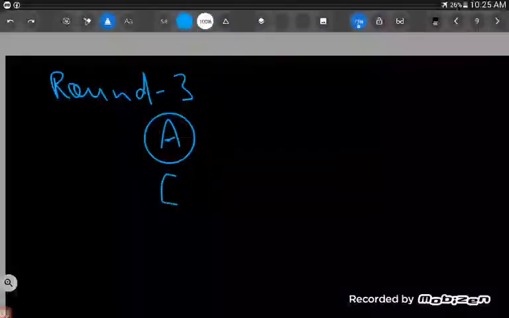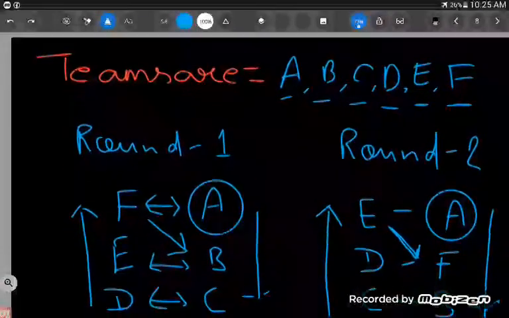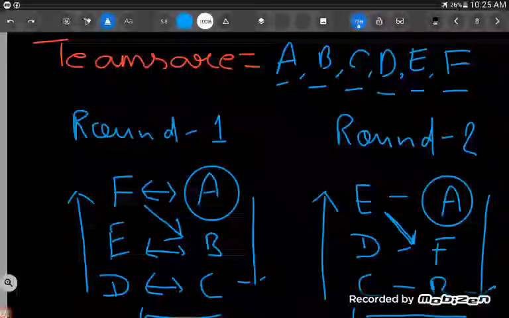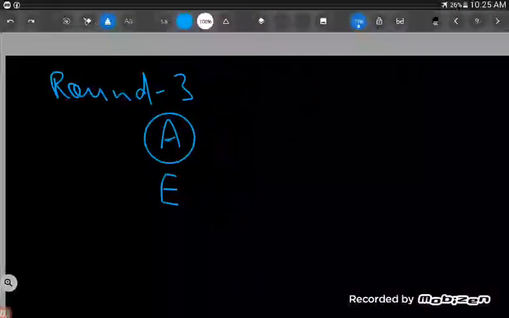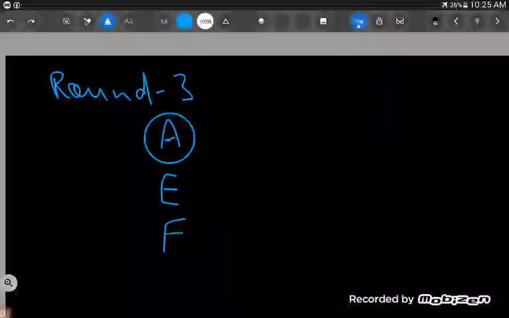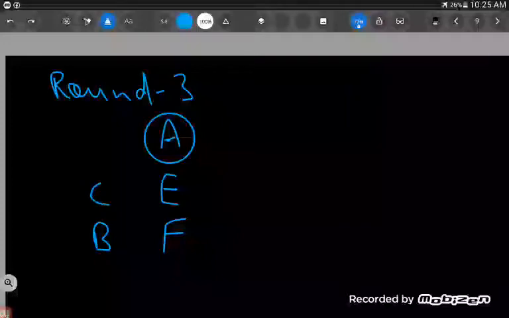So you will write here down A, E. Then which team will come? Then F, then B, C, D. You will draw the arrow here.